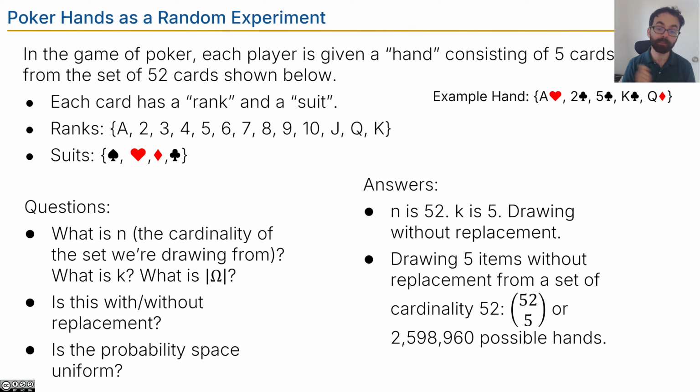So drawing 5 items without replacement from a set of cardinality 52 is 52 choose 5. That is, there are 2,598,960 possible hands. Okay? And lastly, is the probability space uniform? Yes. Each draw is independent, so the space is uniform whenever we draw a poker hand.